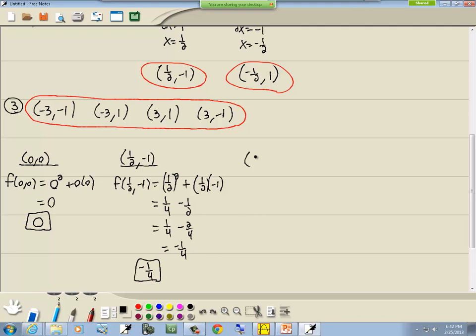Okay, our next one is negative 1/2, 1. So we got f of negative 1/2, 1. So we're going to have negative 1/2 squared plus negative 1/2 times a positive 1, which gives us 1/4 minus 1/2, which again gives us negative 1/4.